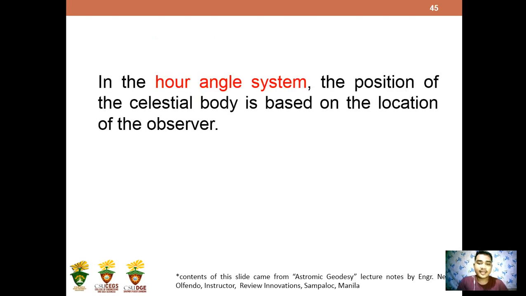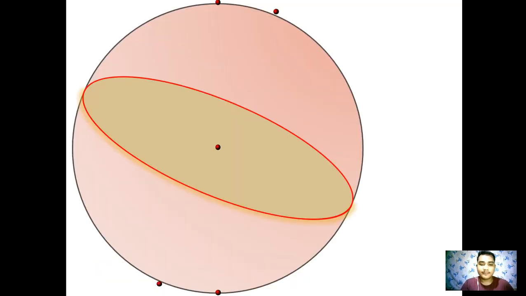In the hour angle system, the position of the celestial body is based on the location of the observer. Again, take note, the position of the celestial body is based on the location of the observer, wherever you are observing. This figure is the reverse: this is the equator, this is the earth, this is the celestial north pole, celestial south pole, zenith, and nadir.